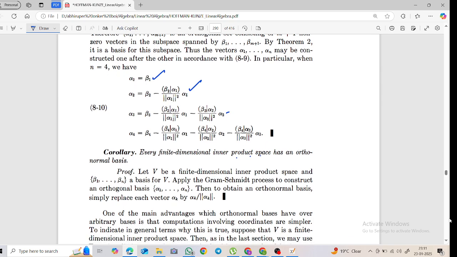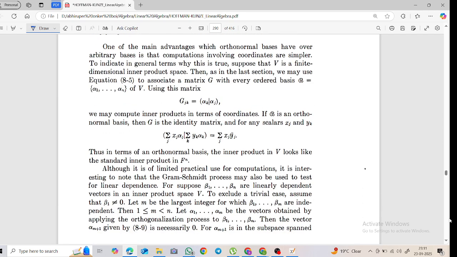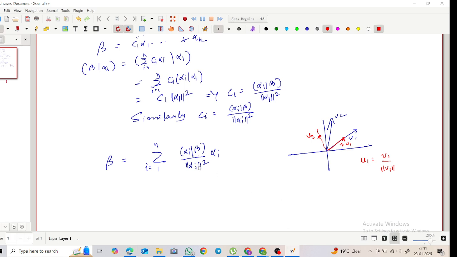One of the main advantages with this orthonormal basis is, see, you look at this. If these are orthonormal, then norm alpha becomes just 1. So you can get rid of this factor. Like say 1 0, 0 1.